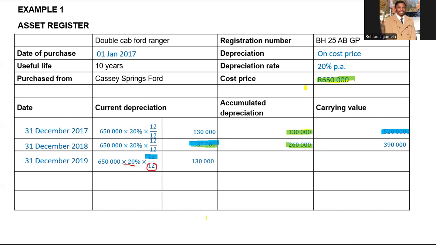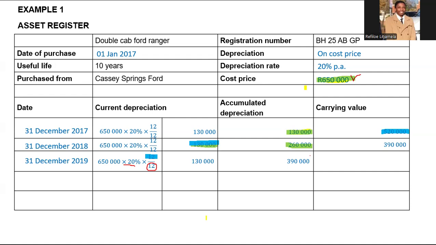How much will be our accumulated depreciation for the year ended 31st of December 2019? For that year, our accumulated depreciation will be 390, which is the 260 from the previous year plus the current year depreciation of 130. To calculate your carrying value, you still take the cost price, which is the 650.